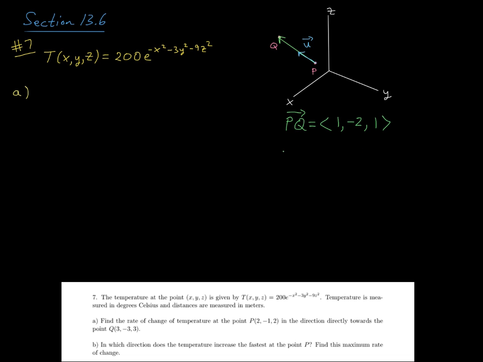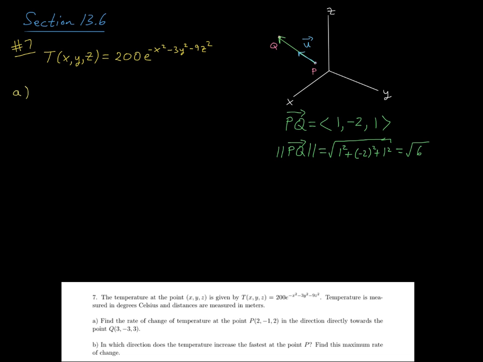Notice this direction vector is not a unit vector. Its magnitude is the square root of 1² + (-2)² + 1², which is the square root of 6.